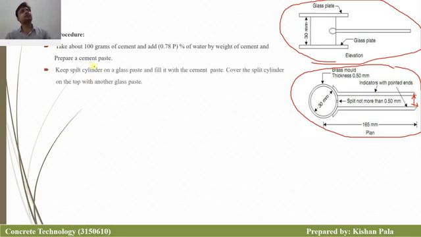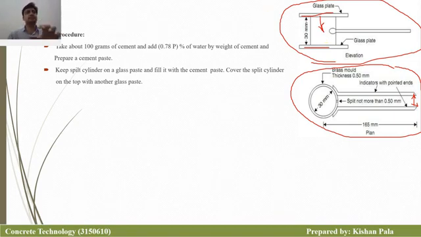Clear? And keep the split cylinder on the glass. This paste should be placed in this mold. This is a cylindrical mold, this is the elevation area, and this is the circular plan, and both the top area and bottom area are covered with glass plate.